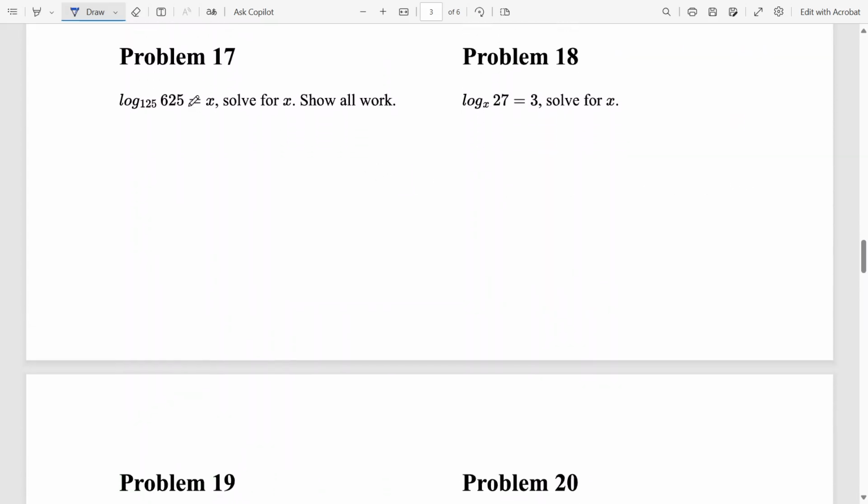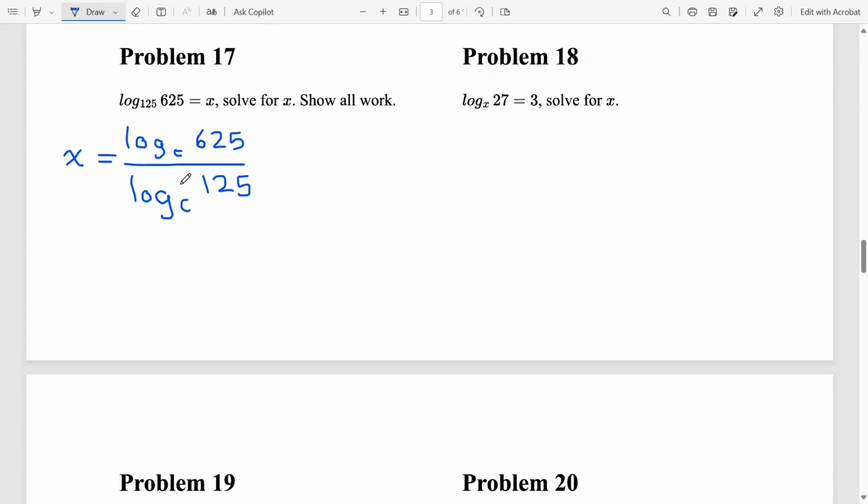Problem 17, we have log base 125 of 625 equals x. Solve for x. So we want to use change of base, so we can set this up as log base c of 625 over log base c of 125, and that is going to be equal to x.